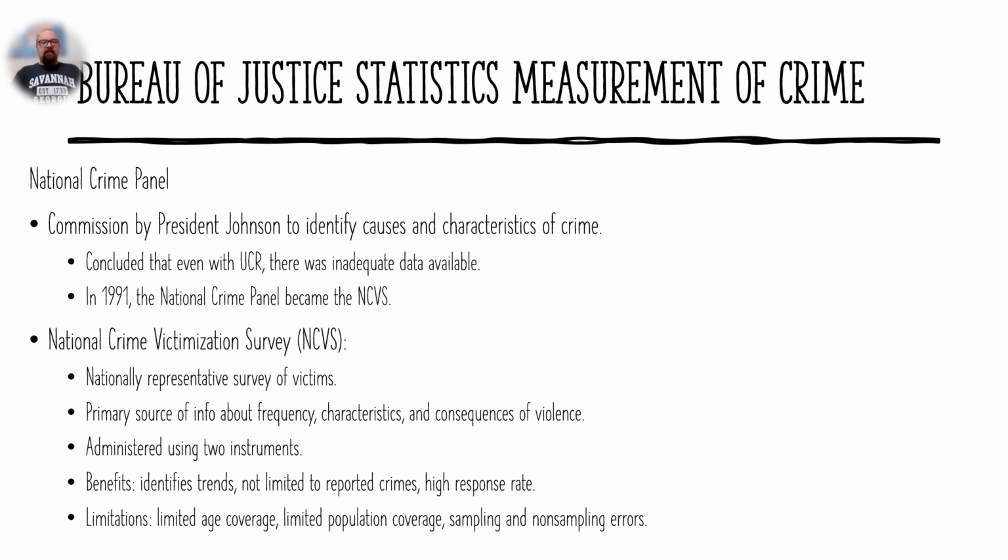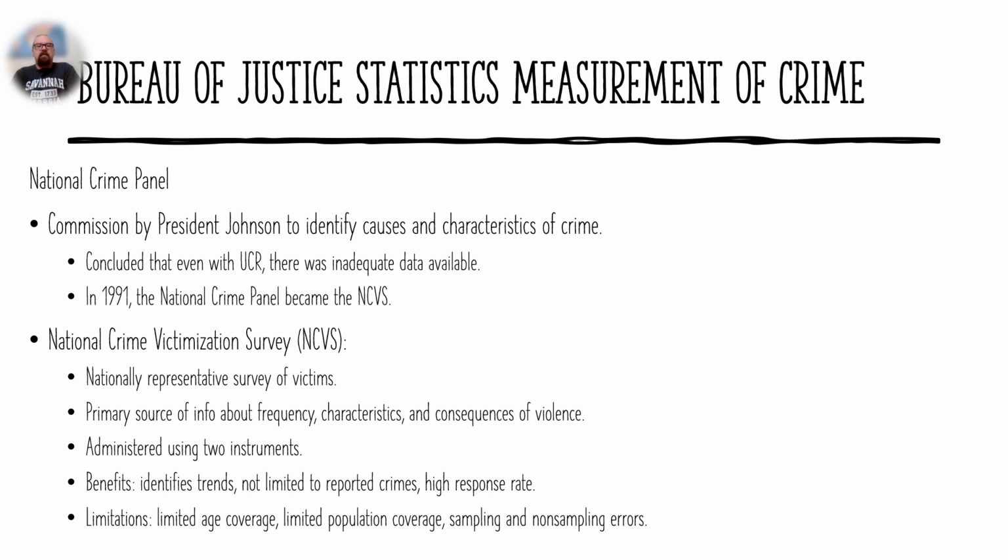So the NCVS is looking at incidents of victimization. There are several types of victims that suffer ongoing victimization or multiple victimizations that aren't isolated to just an incident. So there are some who have no defined starting or stopping point.